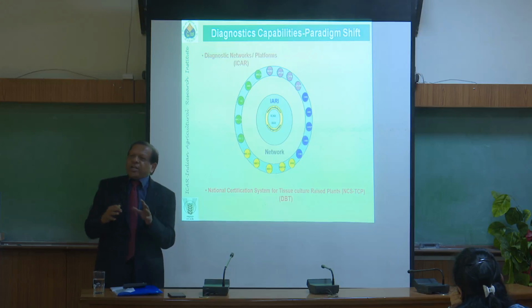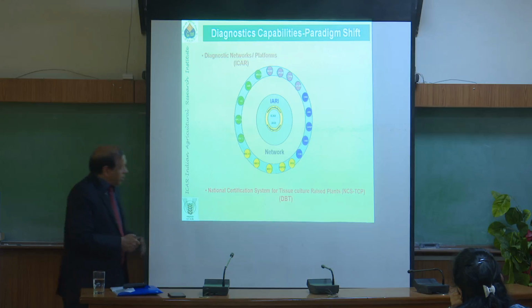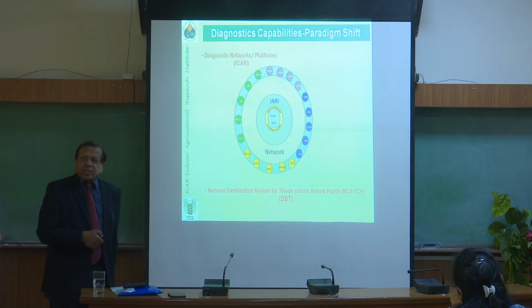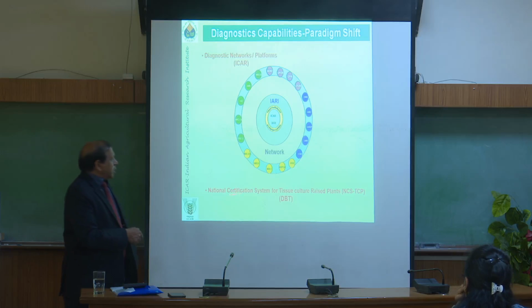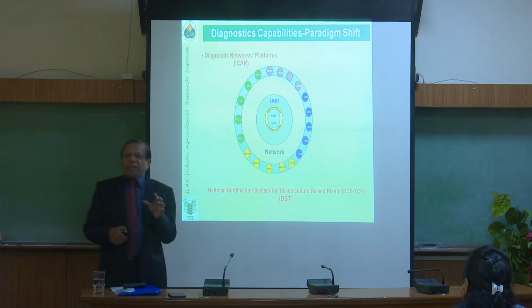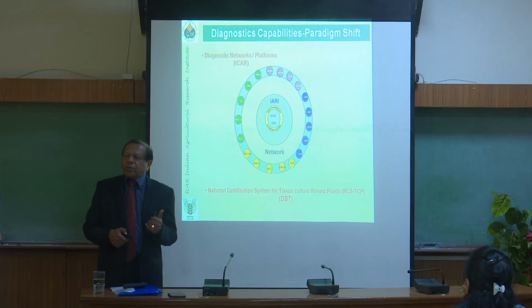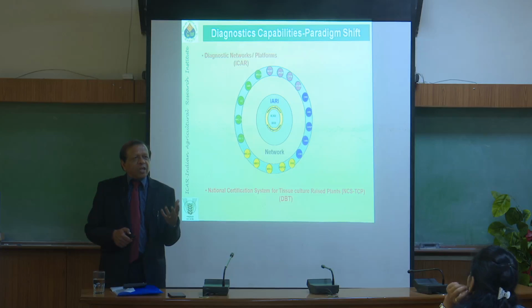So it is always a good idea to have a diagnostic network or platform if you really want to have sustainable diagnostics. Besides, DBT has recently started a program called the National Certification System for Tissue Culture Raised Plants. Now, in order to certify tissue culture raised plants, for example banana, citrus, and many other crops and ornamentals, the mother plants have to be shown to be free from viruses.